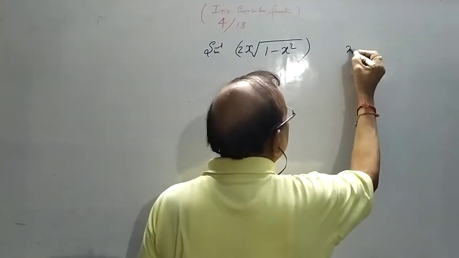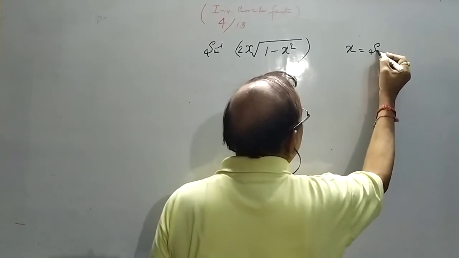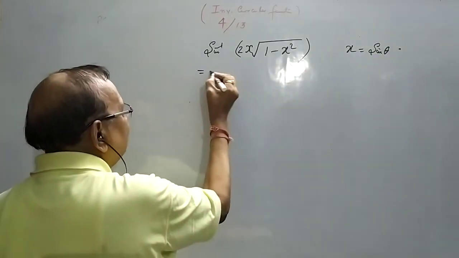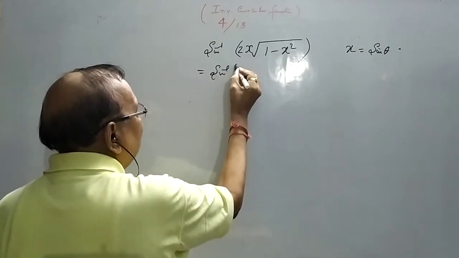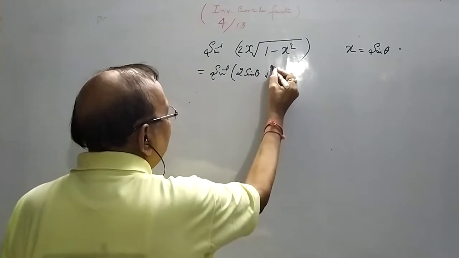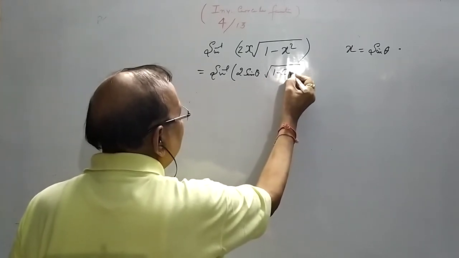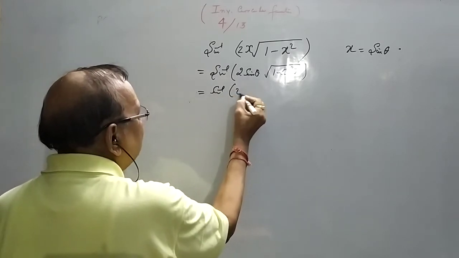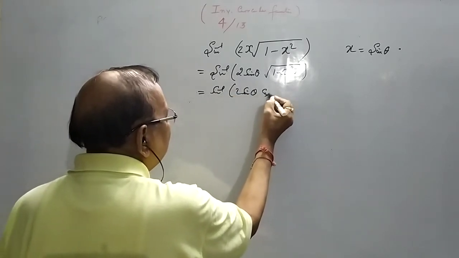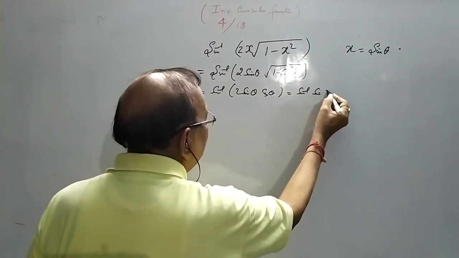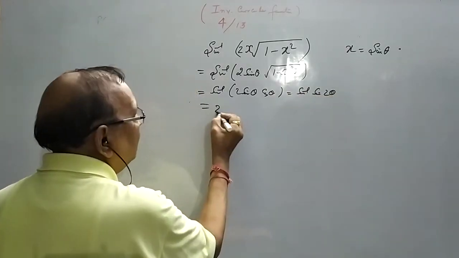We may put x is equal to sine theta. So that what we get is equal to sine inverse 2 sine theta under root 1 minus sine square theta. After simplification, we are getting 2 sine theta cos theta, and that is sine inverse sine 2 theta, that is 2 theta.